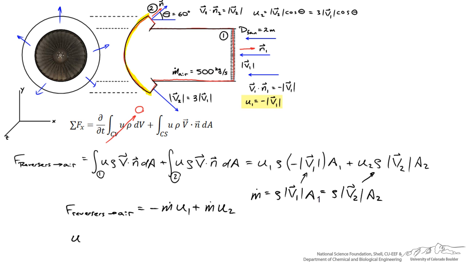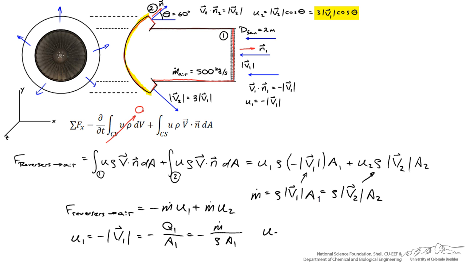What I also know is that u1 is equal to the negative magnitude of the velocity entering the engine, and that's equal to negative Q1, I'll use Q1 for the volumetric flow rate, divided by the area of that fan. The volumetric flow rate, I can express as the mass flow rate divided by the density, times A1.